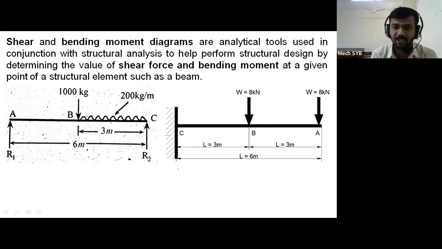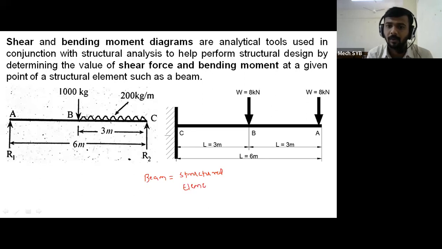Beam is also called a structural element because it is one structure.